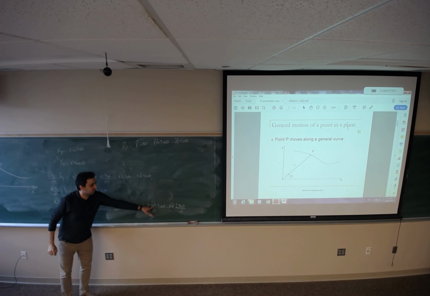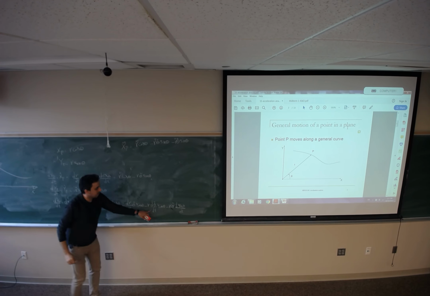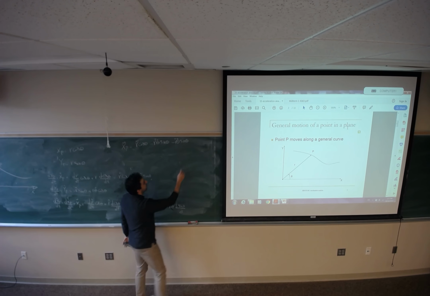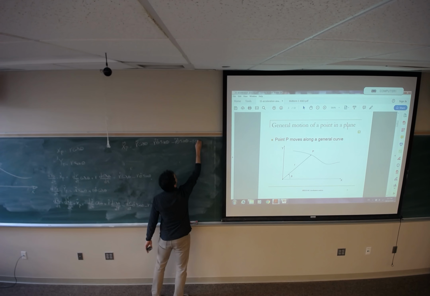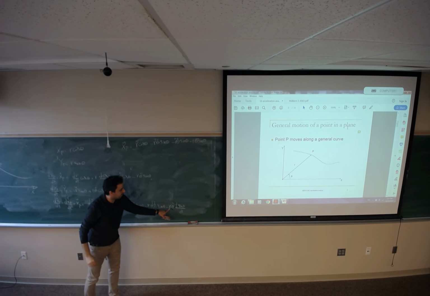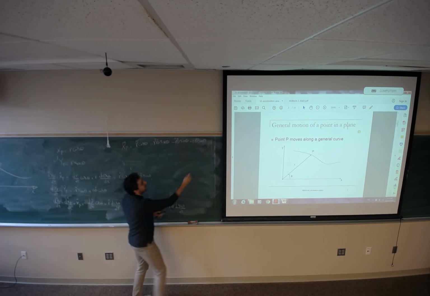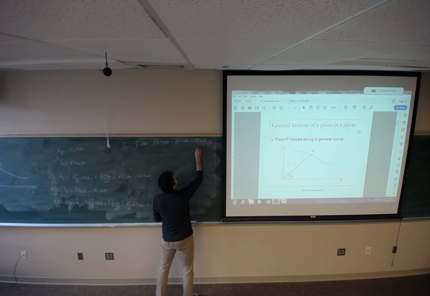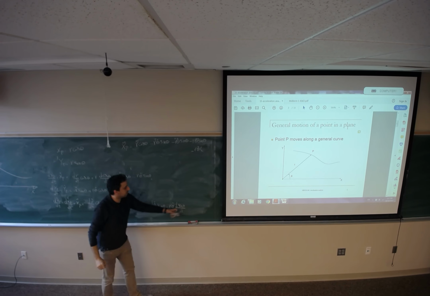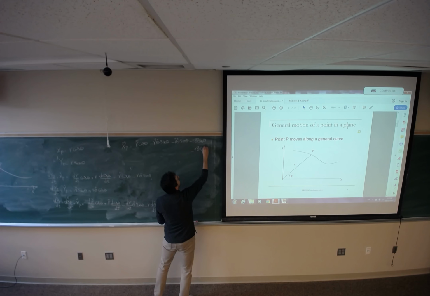Derivative of theta dot with respect to time, it's going to be the acceleration of theta, angular acceleration, negative r theta double dot sine of theta. And here we have negative r theta dot, derivative of sine of theta is going to be theta dot cosine of theta.